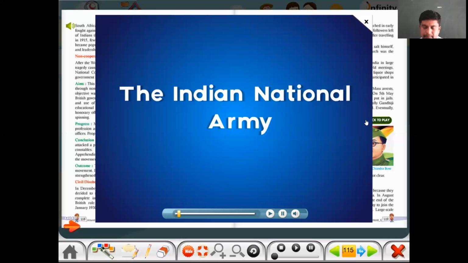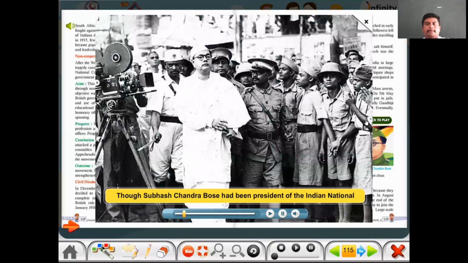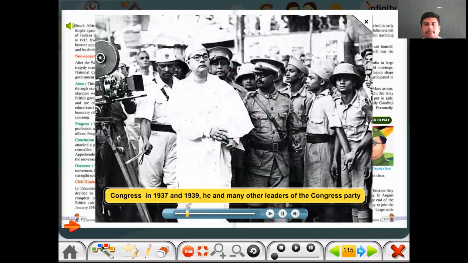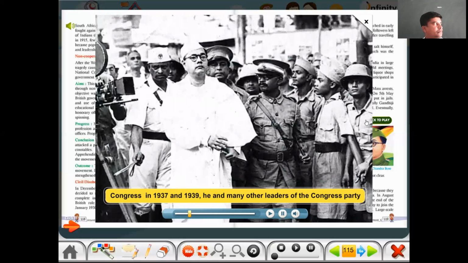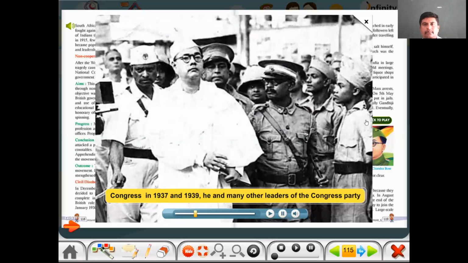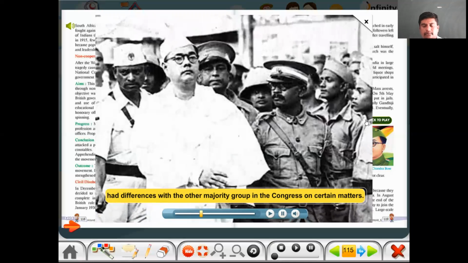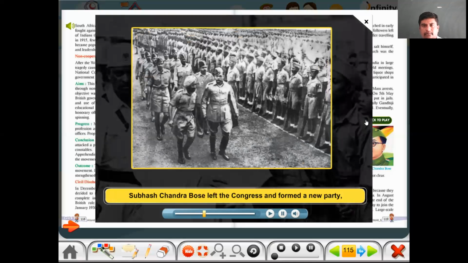The Indian National Army. Though Subhash Chandra Bose had been president of the Indian National Congress in 1937 and 1939, he and many other leaders of the Congress party had differences with the other majority group in the Congress on certain matters. Subhash Chandra Bose left the Congress and formed a new party named All India Forward Bloc. He secured support of Germany and Japan to fight the British in India.